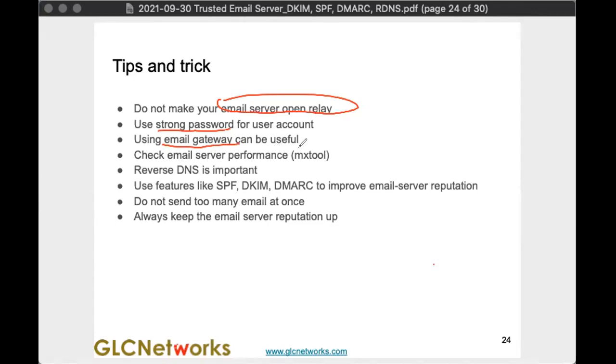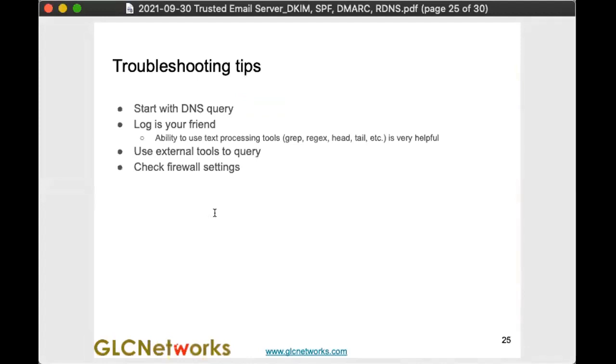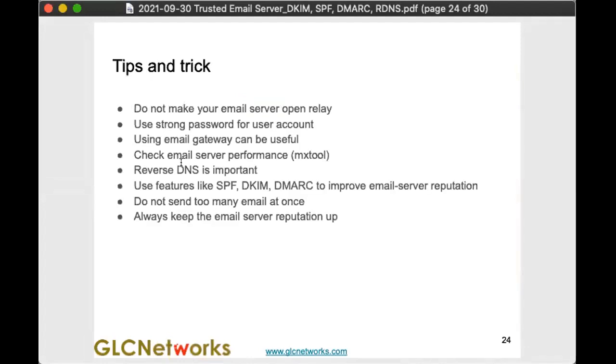Check email server performance, like what we did just now. We are using emailtester.com. Okay, what else? Reverse DNS, yeah, reverse DNS is important. Features like SPF, DKIM, DMARC improve email server reputation.